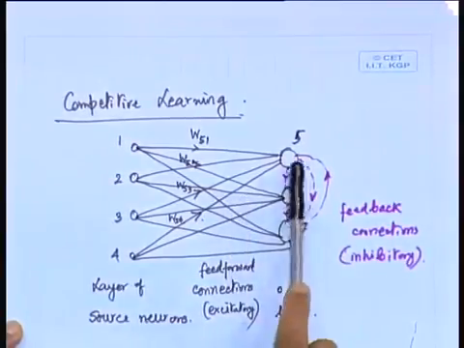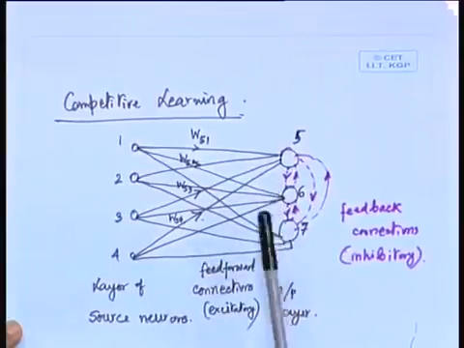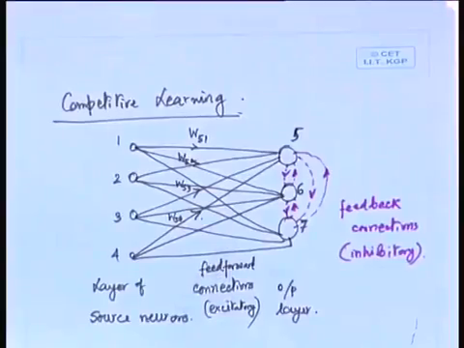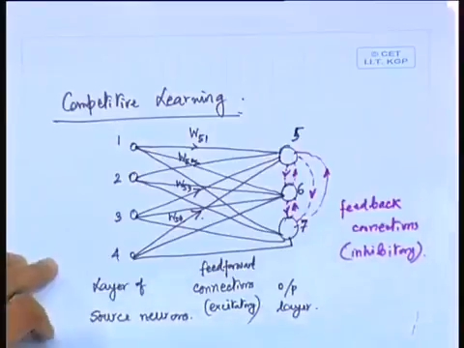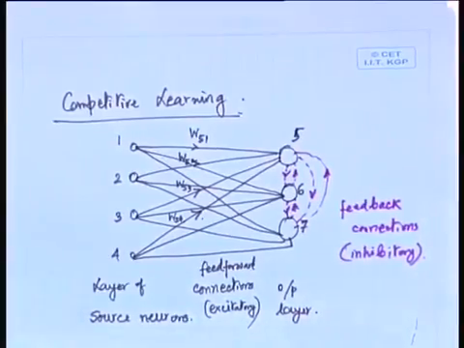And supposing that, out of these 3 neurons 5, 6 and 7, the set of inputs that you feed and the existing connections are such that neuron 6 becomes the winner. In that case, we are going to adjust the weights W61, 62, 63 and 64.